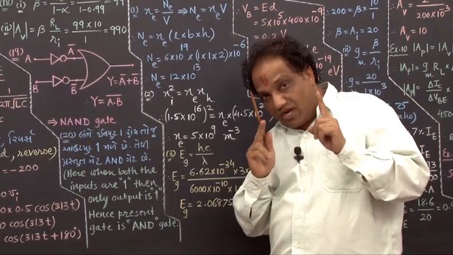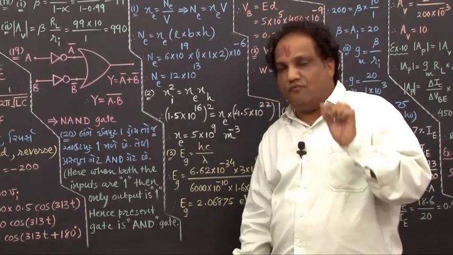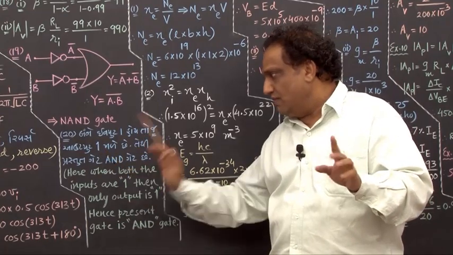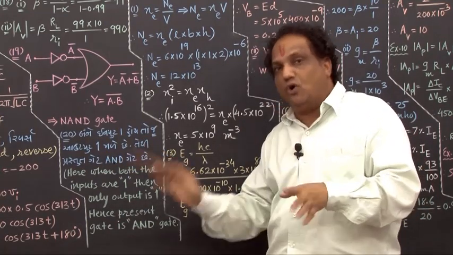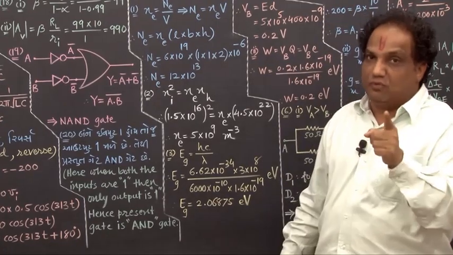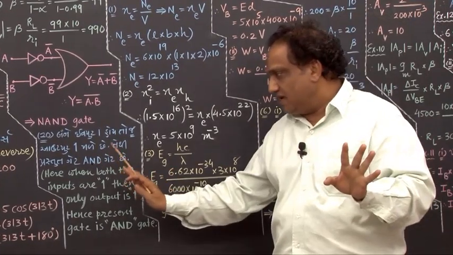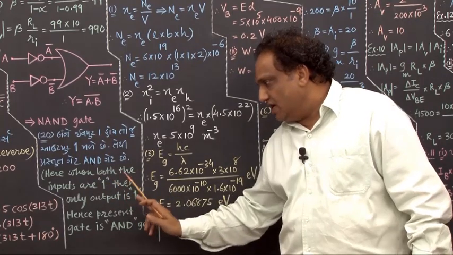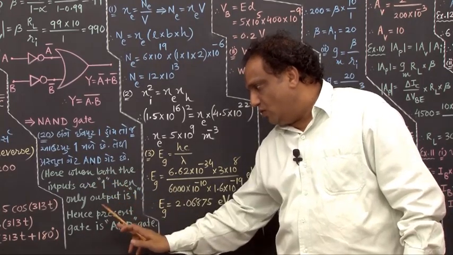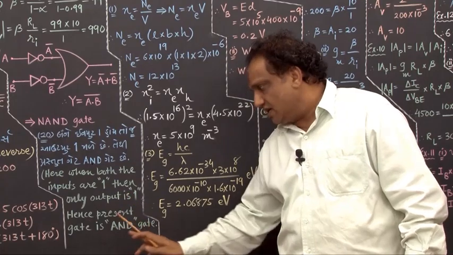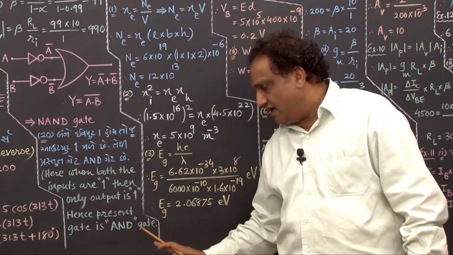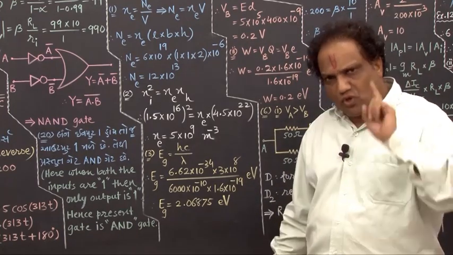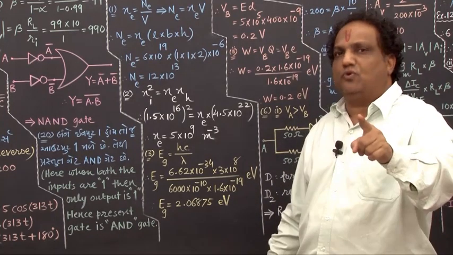But if you minutely observe, then you will realize when both the inputs are 1, then only output is 1. So it must be AND gate. That's what I have written here. Hence the given gate must be AND gate. That is the speciality characteristic of AND gate. When both the inputs are 1, then only output is 1.